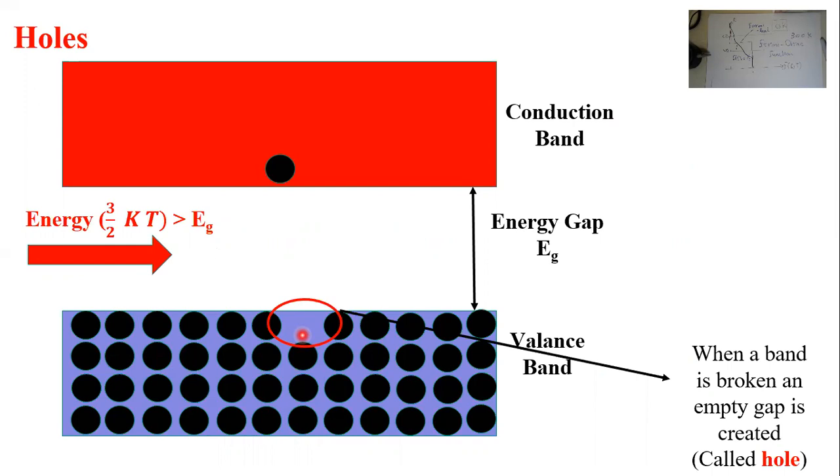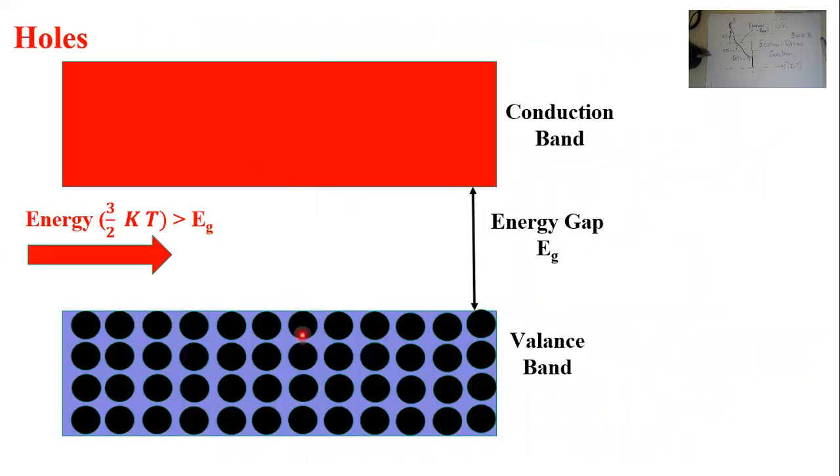But simply, if you can take a screenshot and think about it, you will say, okay, this is very simple. N is equal to P, because in order to have an electron in the conduction band, that simply means that you broke a bond in the valency band and then you have a hole. So N and P are equal. N is defined in the conduction band and P is defined in the valency band.